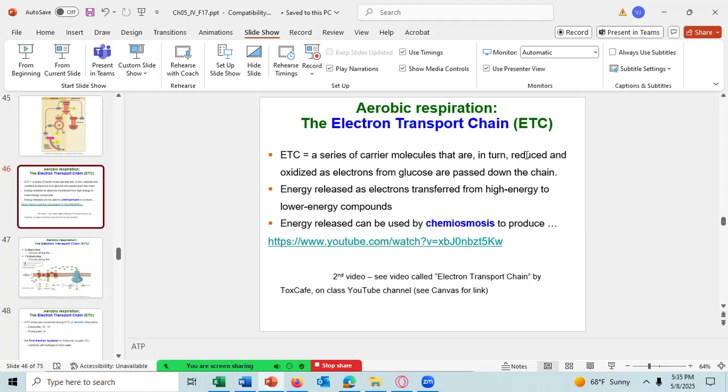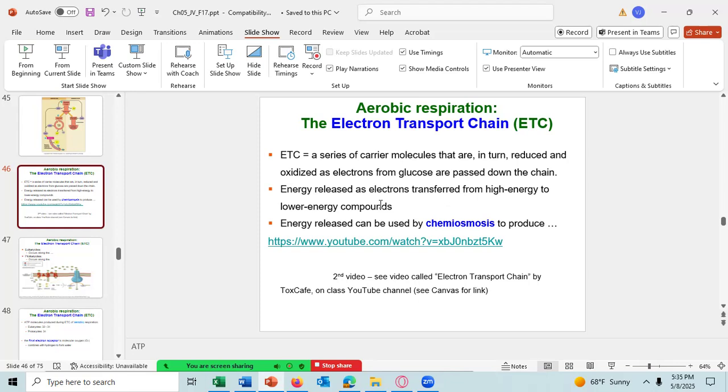Any question about that? All right, electron transport chain is a series of carrier molecules that are in turn reduced and oxidized as electrons that ultimately came from glucose are passed down the chain.